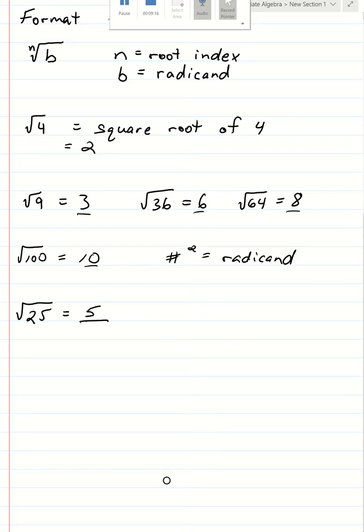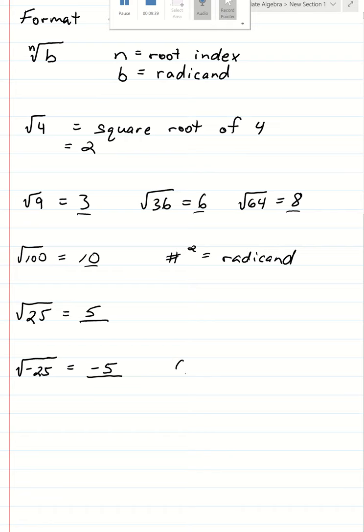If we had, let's say, the square root of a negative 25, once again, we are asking ourselves, what would we have to square to get a negative 25? And a lot of times the common wrong answer is people put down negative 5.